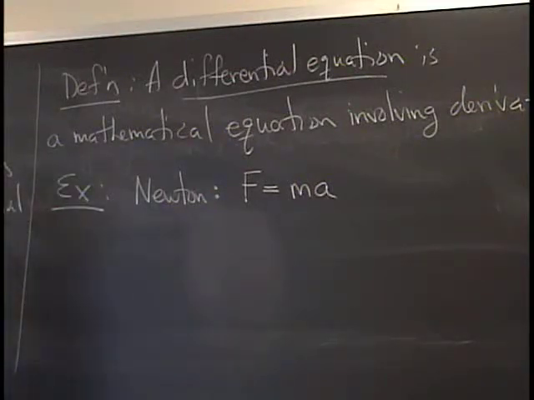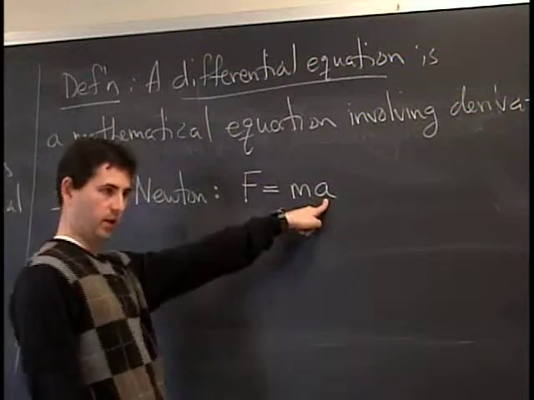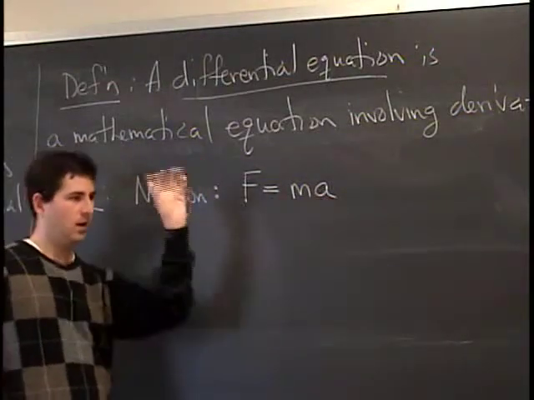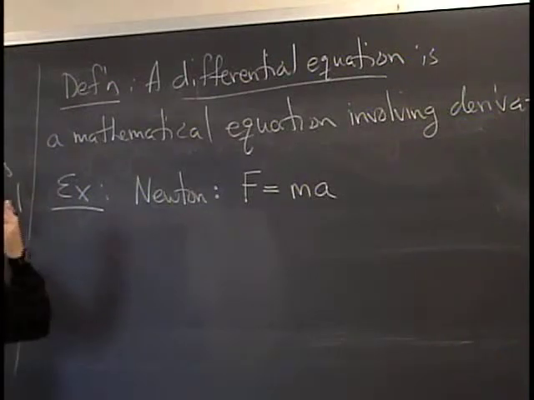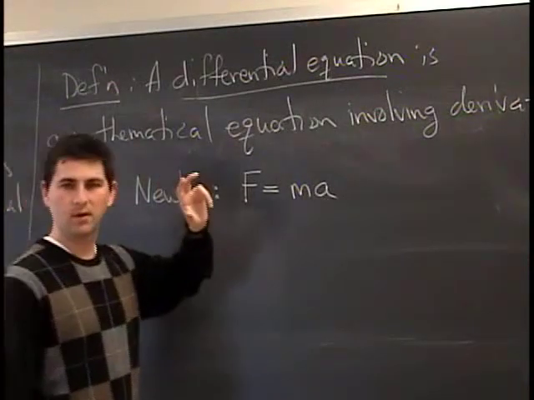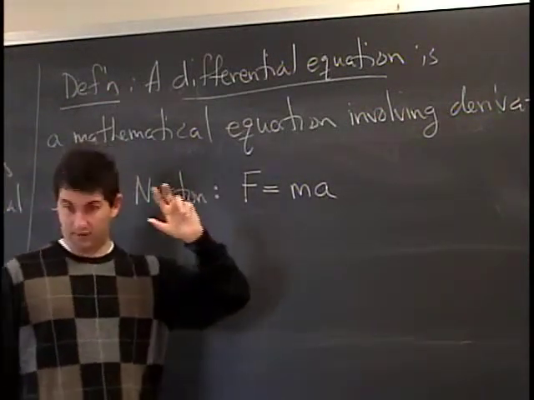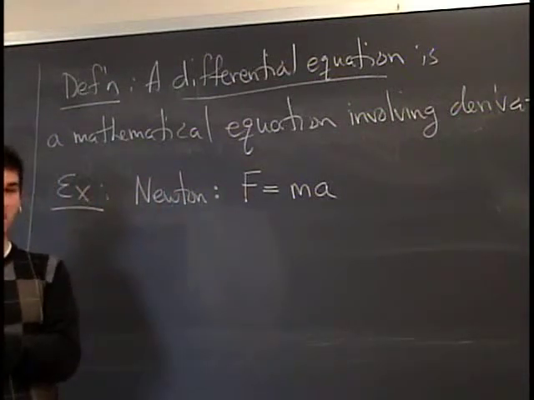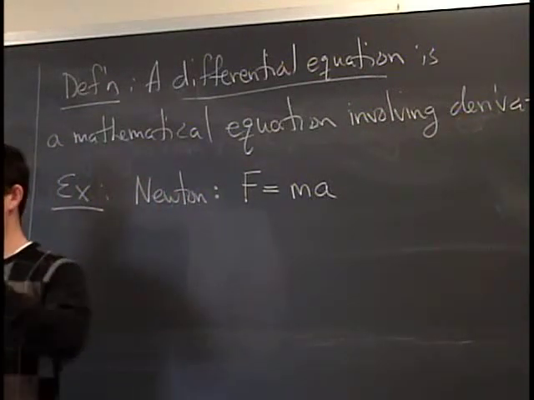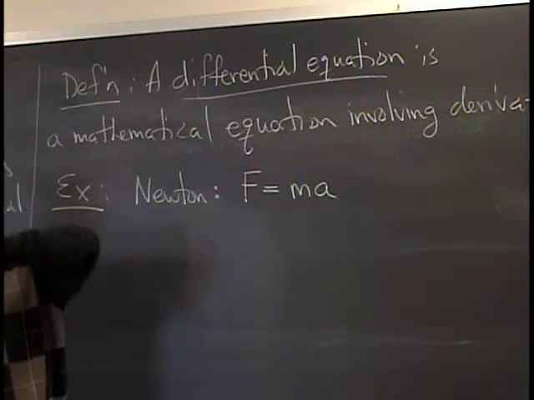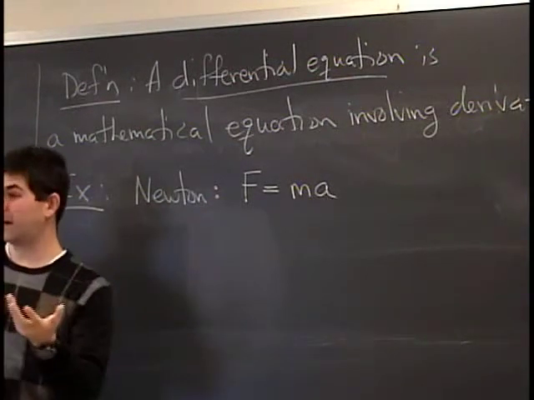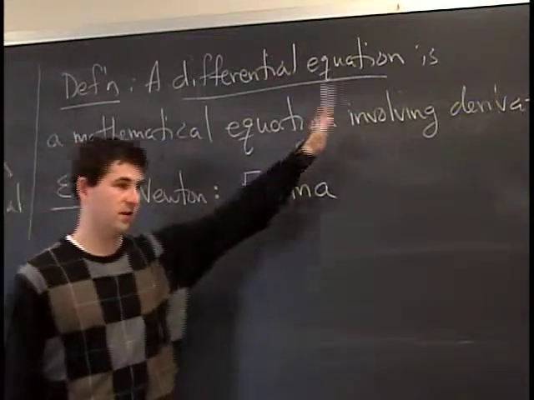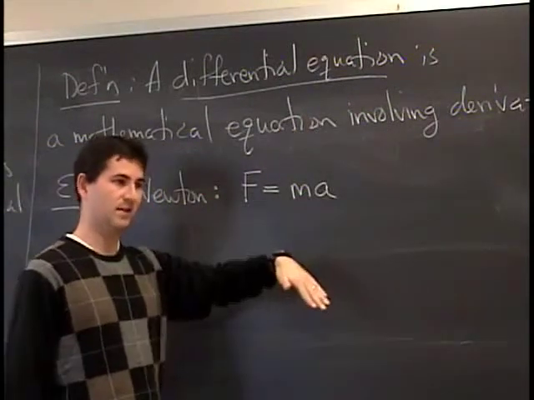Well, last term we saw acceleration fell out of derivatives somewhere. How did you get acceleration? It was the rate of change of velocity. And velocity, well, that's the rate of change of position.